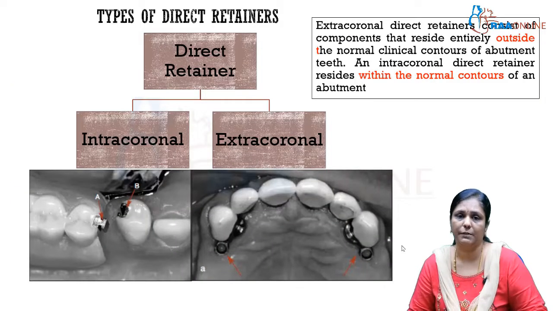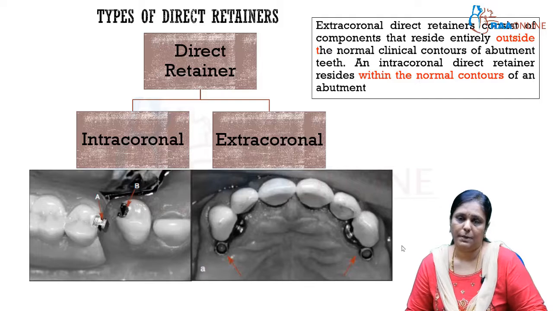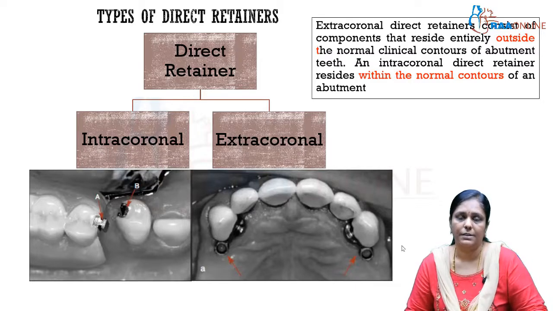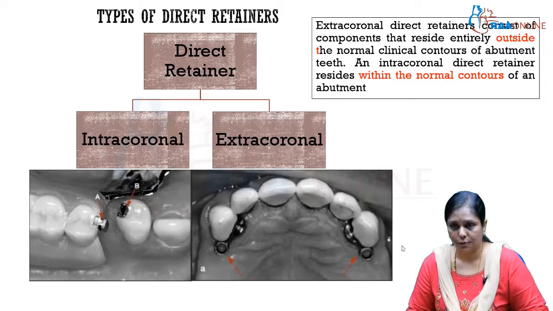So moving on to the first discussion. Before we go into the topic, we have to know the types of direct retainer. Direct retainers can be broadly classified into intracoronal and extracoronal. The term itself suggests the meaning. Extracoronal direct retainers consist of components that reside outside the coronal or crown portion.